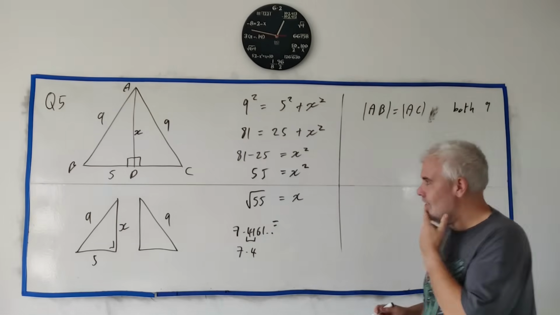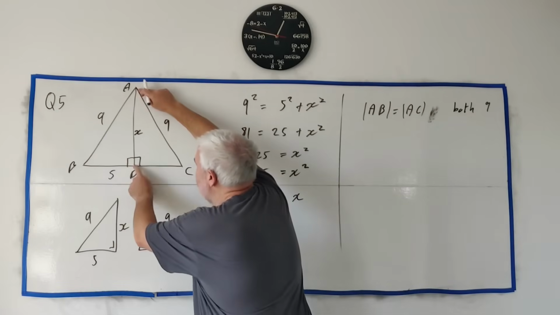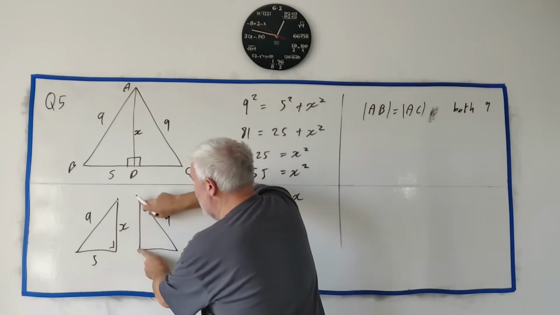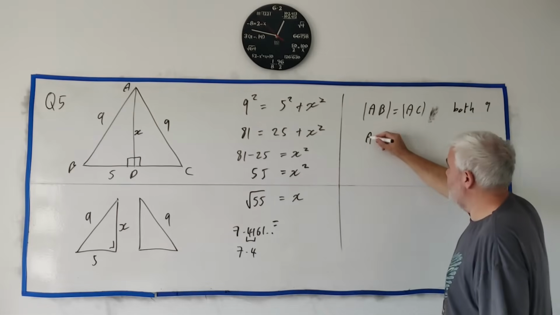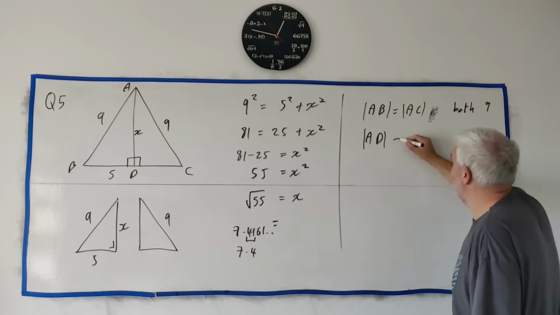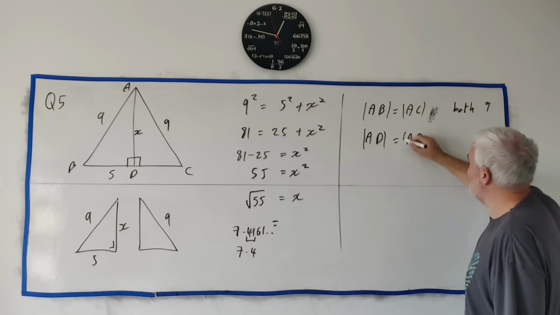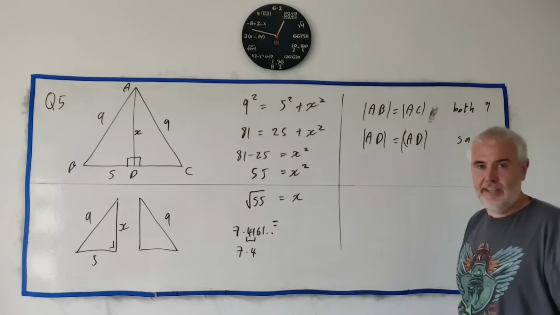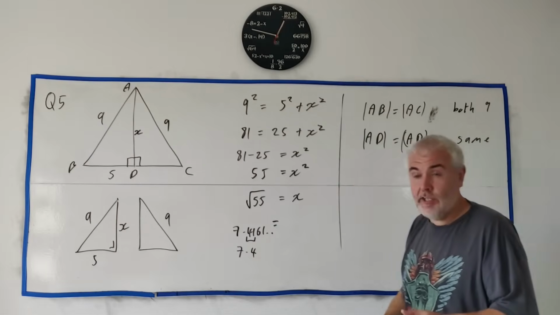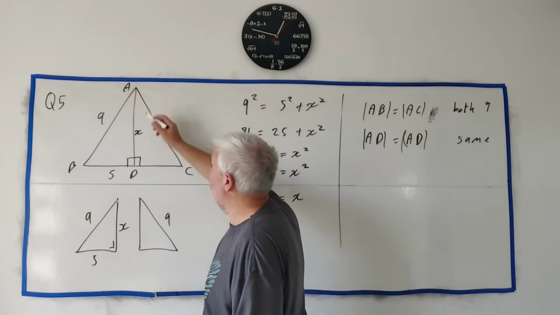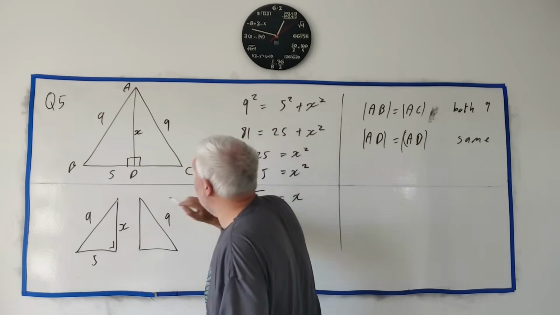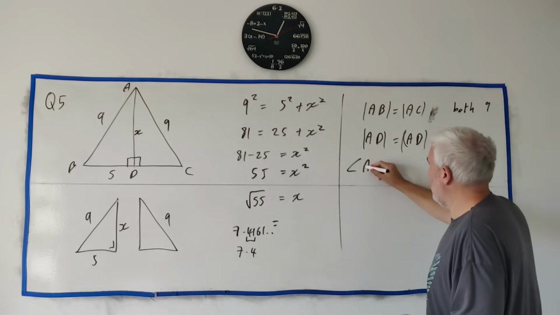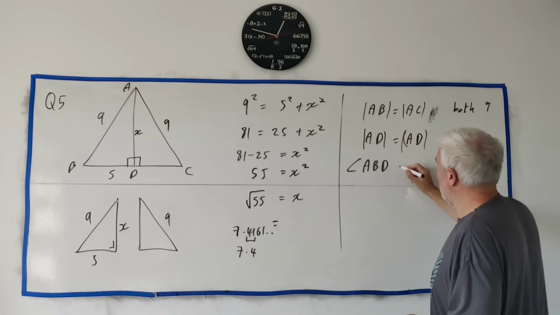That'd be perfectly okay. We want to find three things that are the same. Next one I would say is AD and AD. They're the same because they share it. We could even just write same. That's definitely the same. What else? The next one that'd be really obvious is the angle ABD.